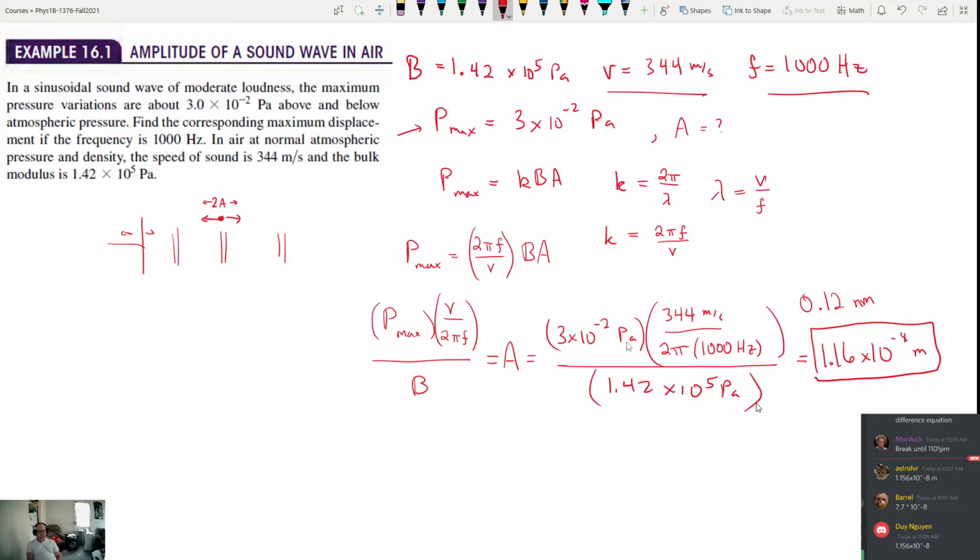But in the denominator, we have the bulk modulus here, right? So if we compare the amplitude of this sound wave passing through air to the amplitude of a sound wave passing through something like steel, the number down here at the bottom would be like 10 to the 10 pascals, and our answer would be 10 to the negative 13. That means that in steel, the molecules would be vibrating at much smaller amplitudes.